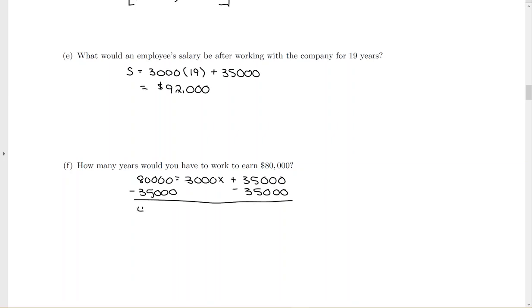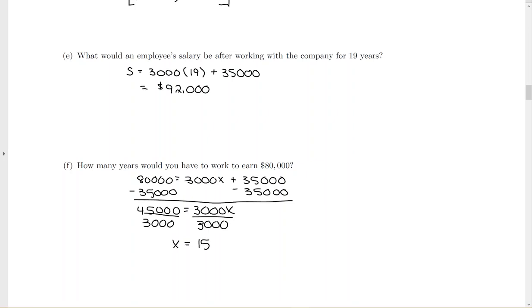So this comes out to 45,000 equals 3,000x, and divide by 3,000. We're dividing here because it's hooked to the x by multiplication, and you're always doing the opposite operation. So when you do that division, you come up with x equals 15.